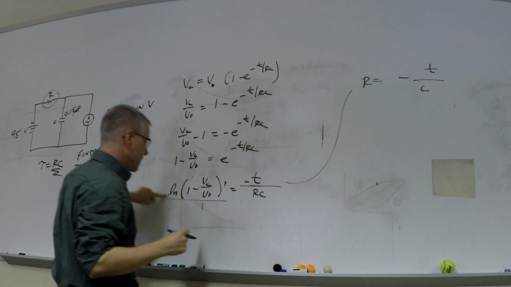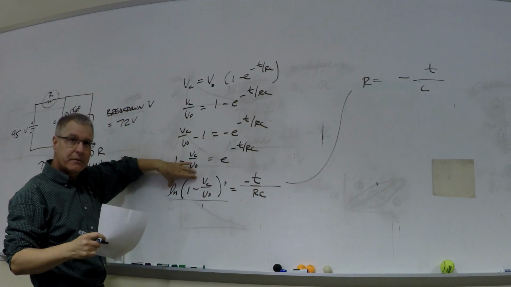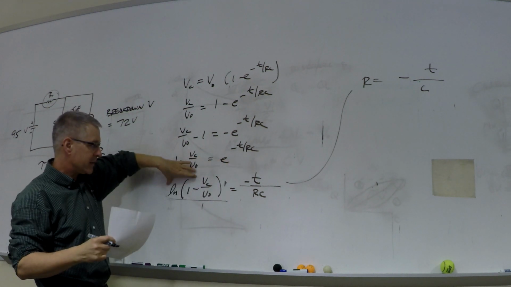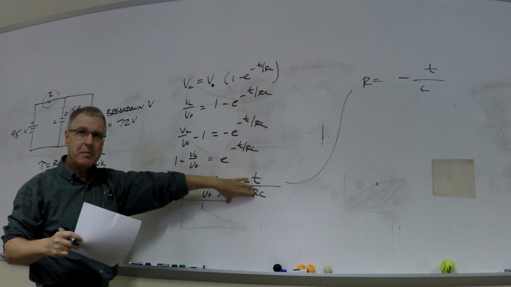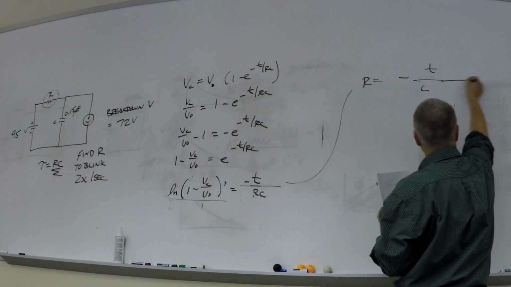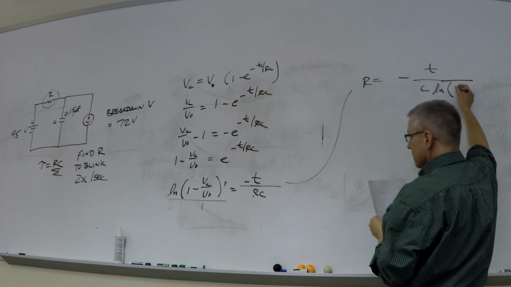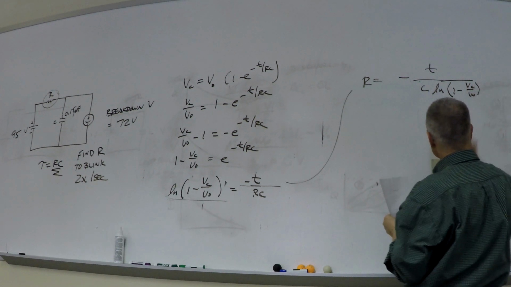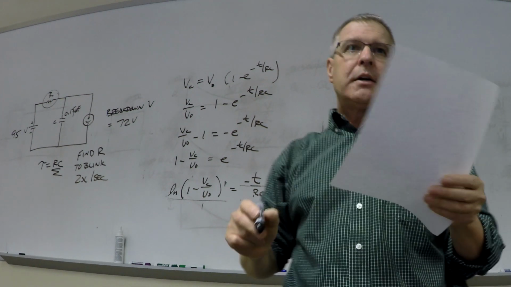So that brings this up here. What do I do with all this then? Stick that whole mess to the other side of the equal sign. If it was on the top here, it ends up on the bottom down there. Then all we have to do is plug numbers in.